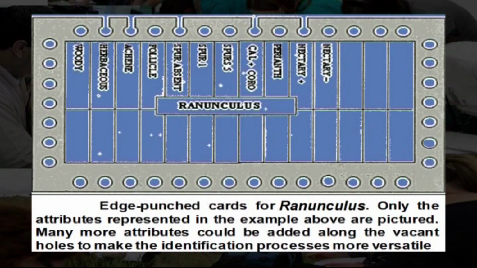For identification, all cards are held together as a pack. Thereafter, a needle is inserted in the hole corresponding to the first attribute of the unknown plant. As this needle is lifted up, the taxa containing the attribute would fall down and those lacking that attribute will remain in the pack, lifted by the needle.